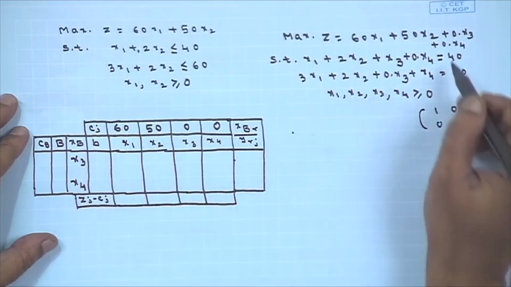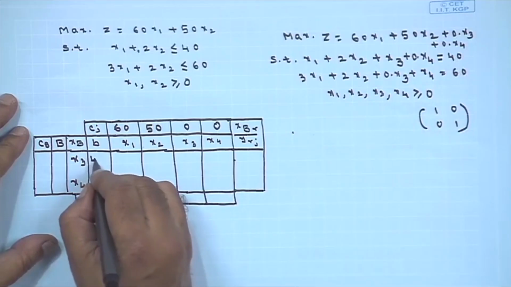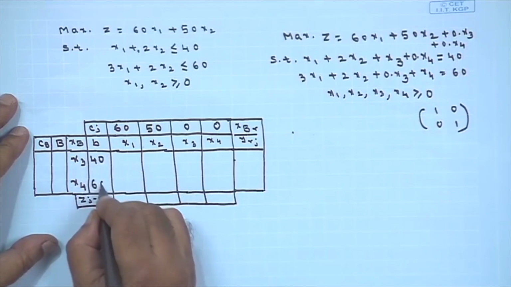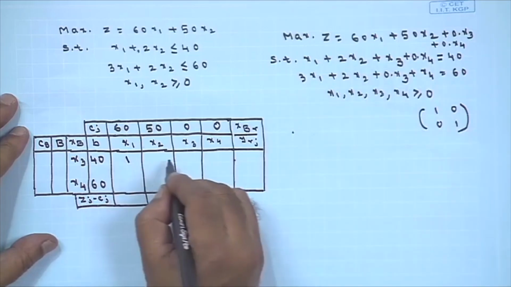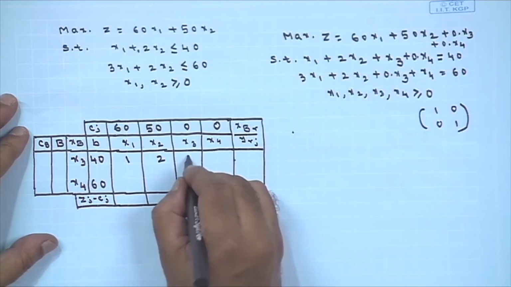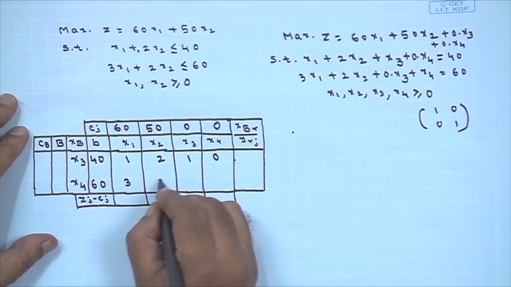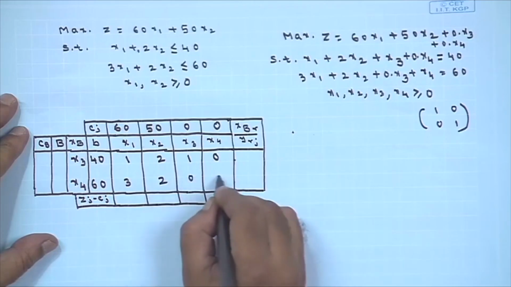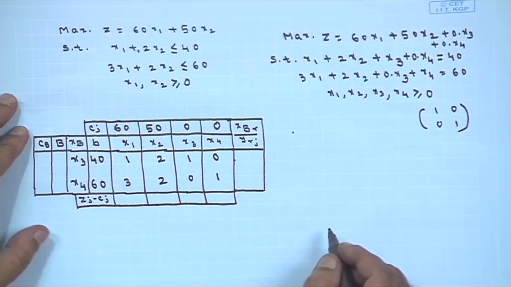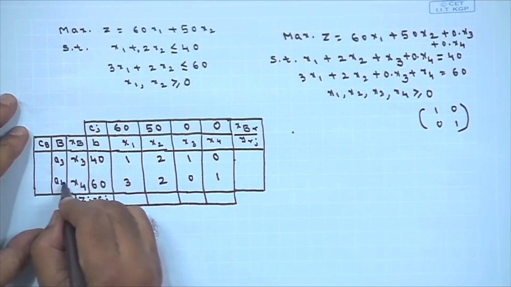This b corresponds to these two values, 40 and 60. The coefficients are 1, 2, for x3 it is 1, it is 0. The next is 3, the coefficient of x2 is 2, then it is 0 and then it is 1. For the basis we write the variables as a3 and a4.